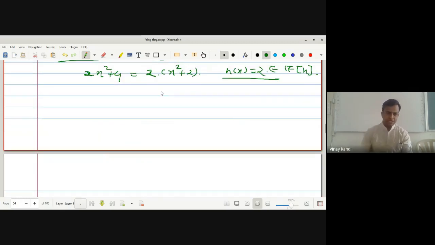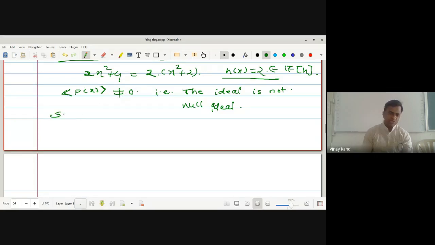Now pay close attention. The ideal generated by p of x is always not equal to 0. What is the meaning of this sentence? The ideal is not a null ideal. What is the meaning of not null ideal? It is not the singleton zero; it has some element in it.